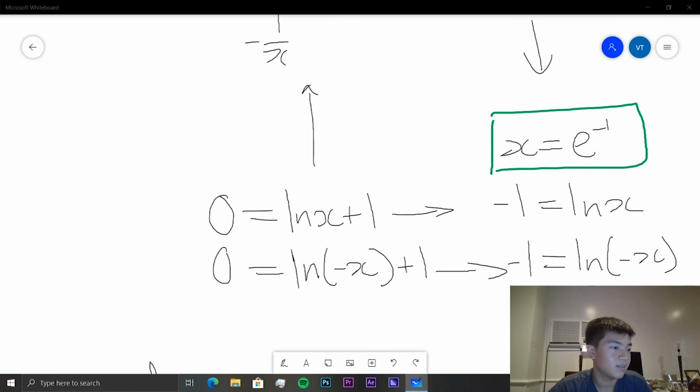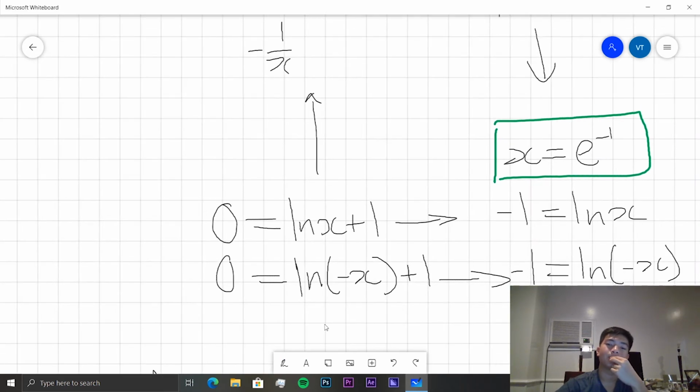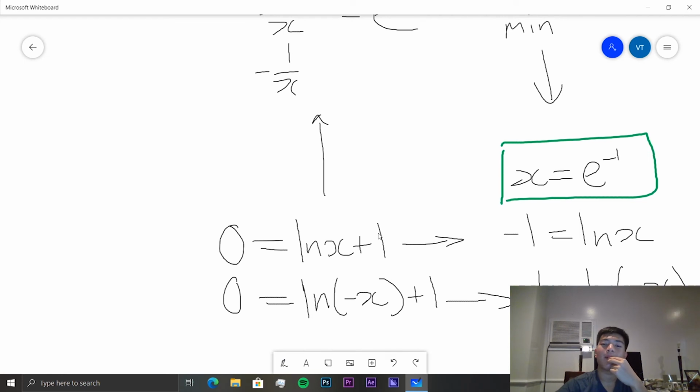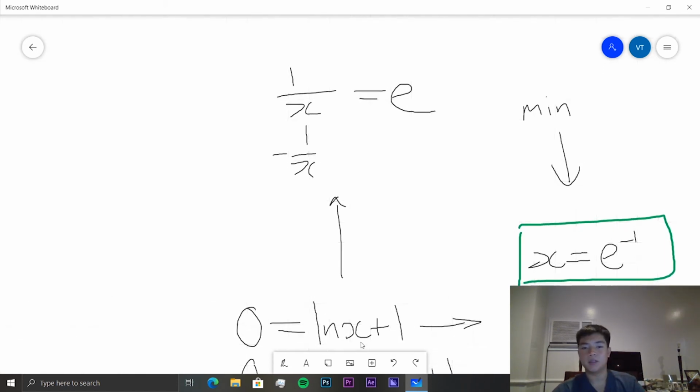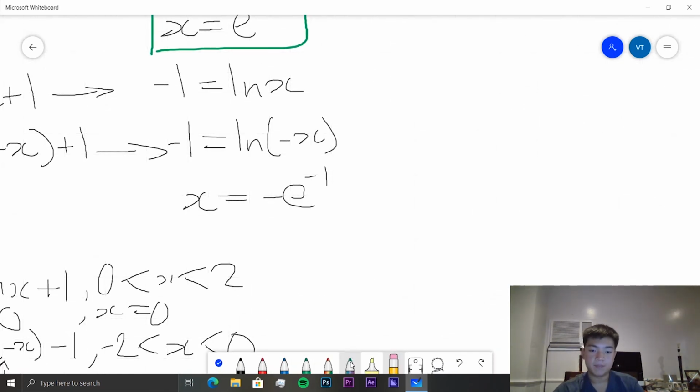No, that's not correct. Derivative should be negative 1 over negative 1, which is just 1 over x. So in this case, this would be a maximum.